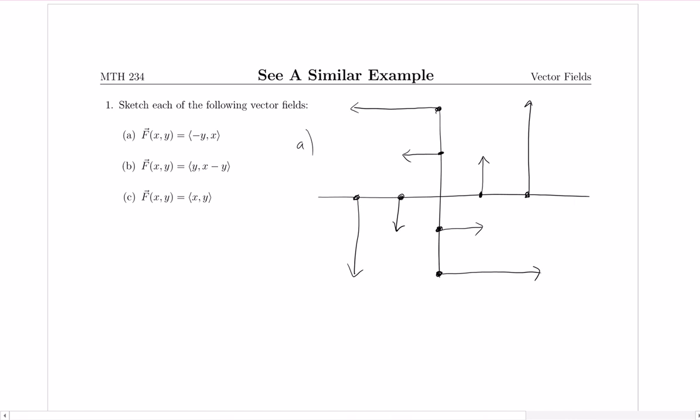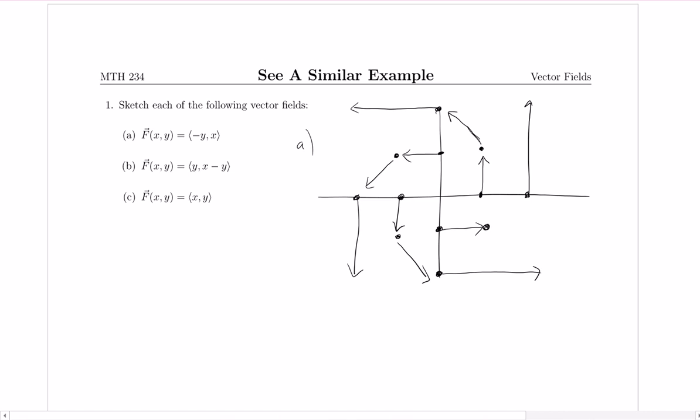Maybe let's just plug in a few more points in between to see what happens. If we plug in, say, (1, 1), what do we get? We get (minus 1, 1), which points like this, diagonally. Similarly over here, if we plug in (minus 1, 1), we get (minus 1, minus 1), which points like that. If we plug in (minus 1, minus 1), we get (1, minus 1), which points diagonally like this.